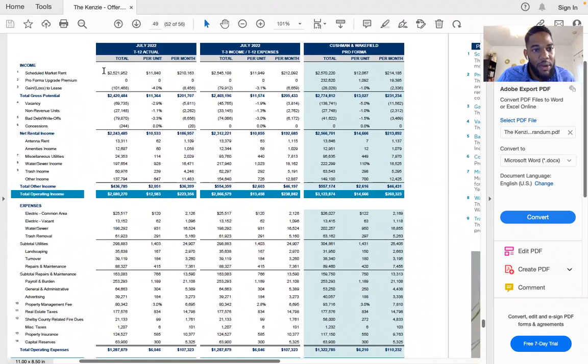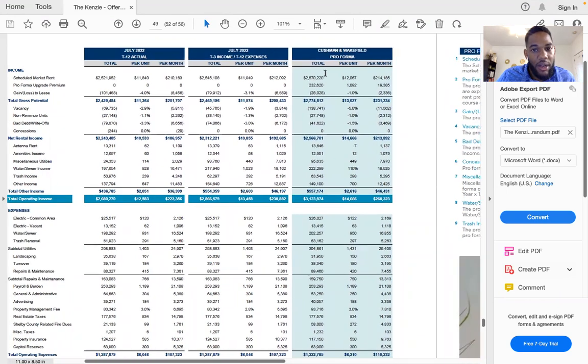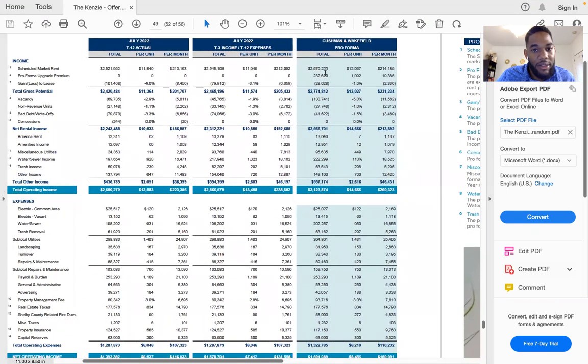This top line, scheduled market rent, 2,521, 2,570. Doesn't look like their gross potential rent is too much off from ours, but they do have an upgrade premium that they're accounting for of $232,000. That's bumping up this revenue here.